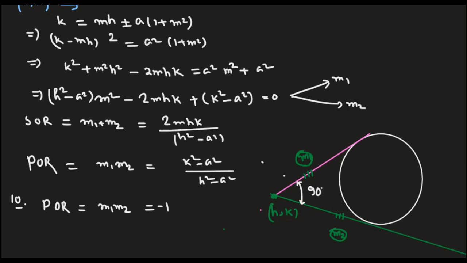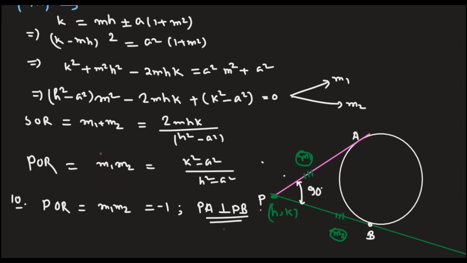If the product of the slopes is minus 1, I am claiming that the two tangents are perpendicular. Calling this point P, this point A, and this point B, I am claiming that PA is perpendicular to PB. If it happens, what conclusion can we take?